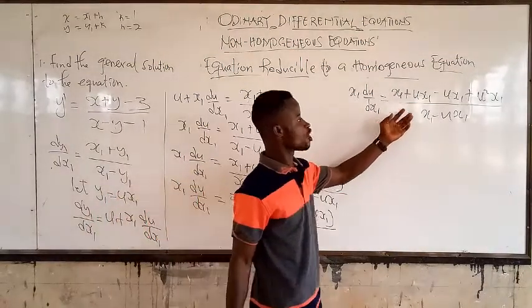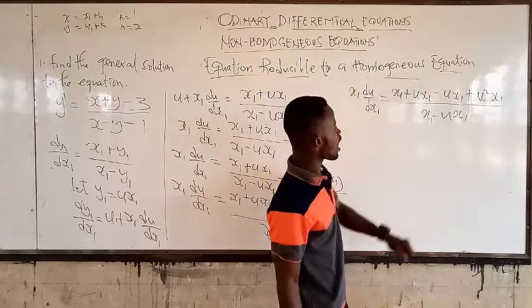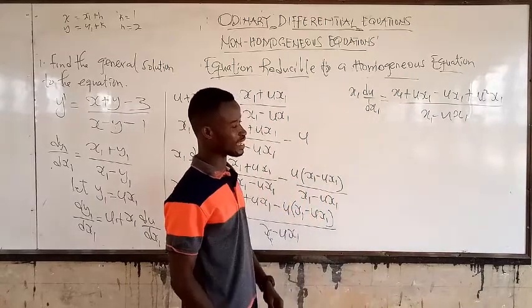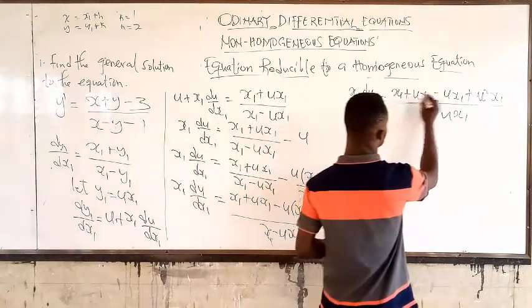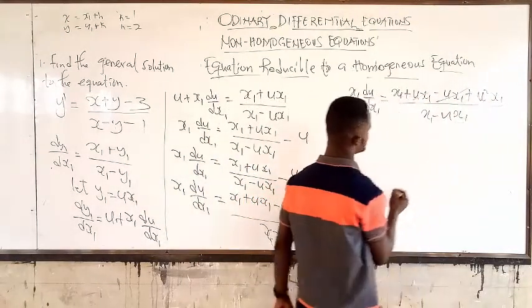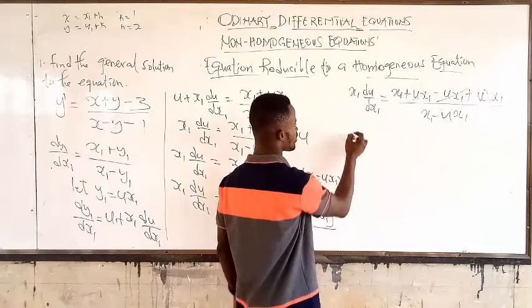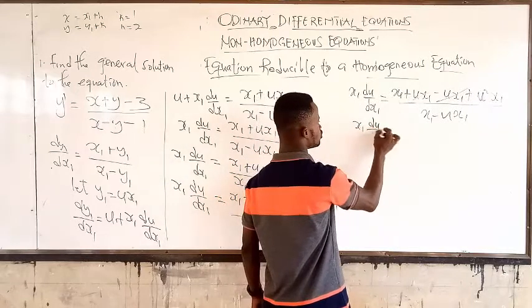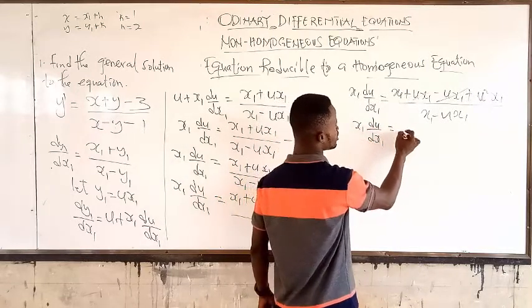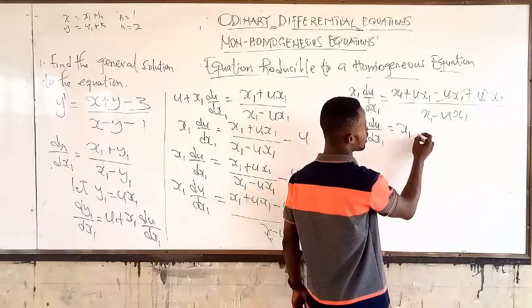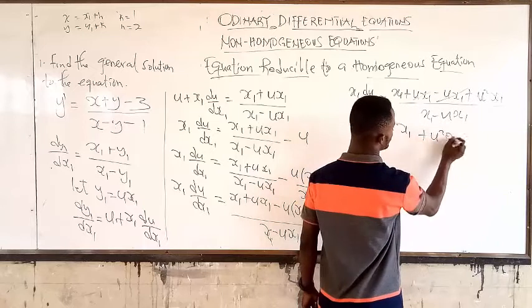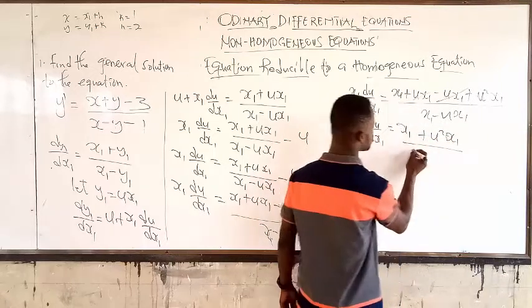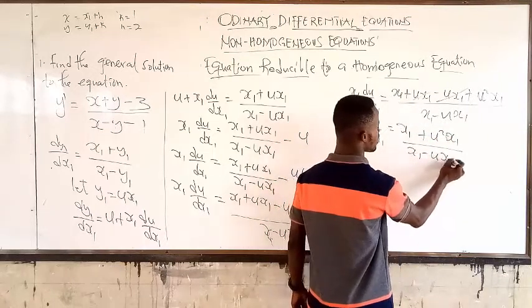Very good. Now, having this, we can factorize something out in the numerator here. And even before that, critically, you can see that this will take away this. Alright? So we are going to be left with x1 du over dx1 to be equal to x1 plus u squared x1, all this over x1 minus u x1.